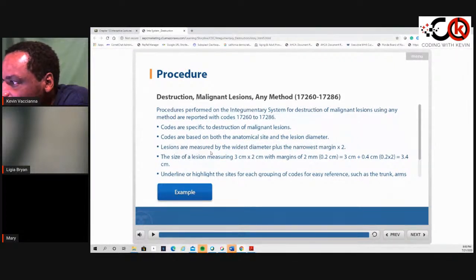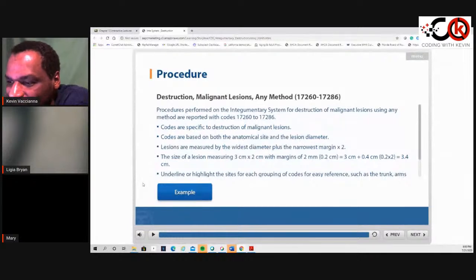Lesions are measured by the widest diameter plus the narrowest margin times 2. A lesion measuring 3 centimeters by 2 centimeters with margins of 2 millimeters, which is 0.2 centimeters, equals 3 centimeters plus 0.4 centimeters, that's 3.4. That's how you do the math on that.